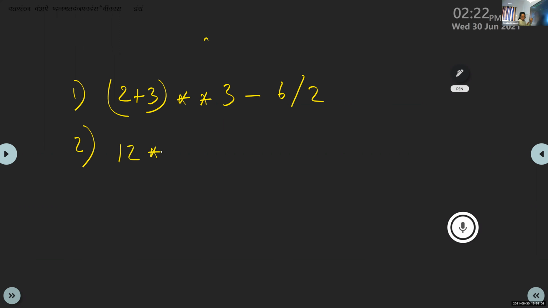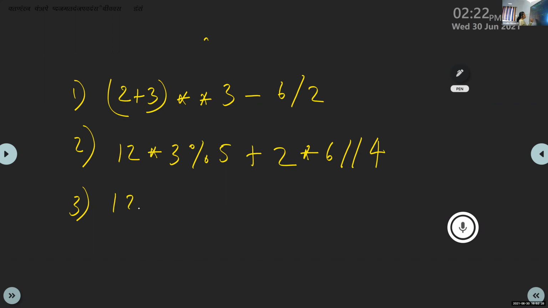12 into 3 mod 5 plus 2 into 6. Third one, 12 mod 5 into 3 plus 2 into 6.